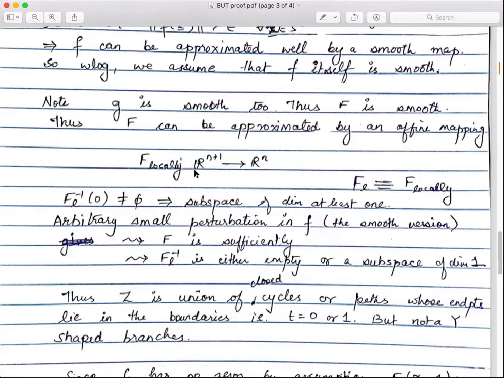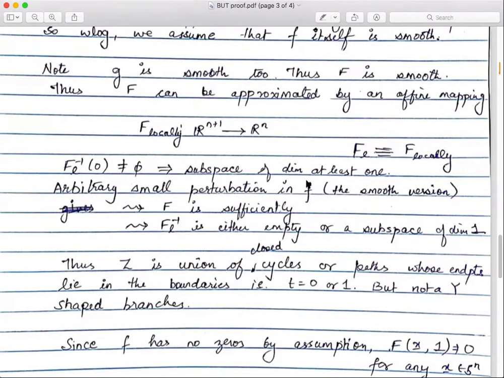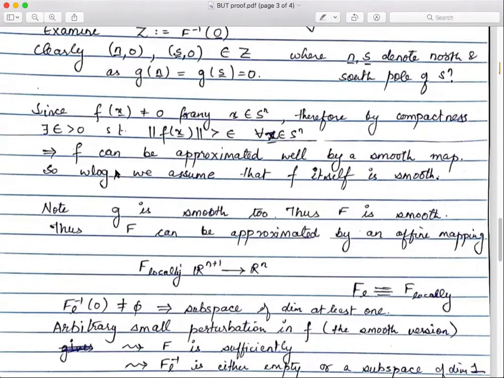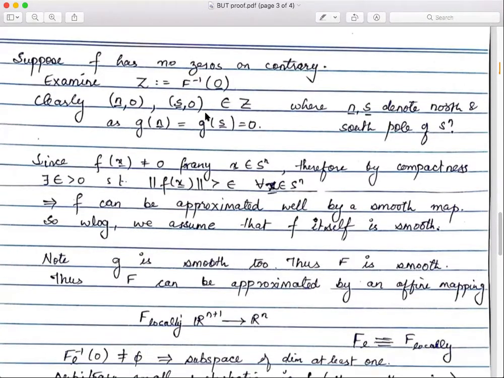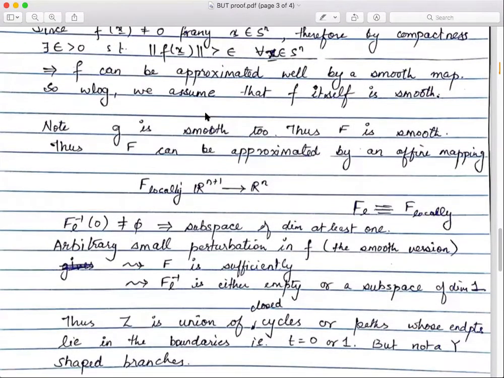Locally you can do this. I am just going to use shorthand FL for f locally. Since this is approximating f, I know that FL inverse of 0 is non-empty because f inverse of 0 is non-empty. It has N0 and S0 as at least 2 points in it.